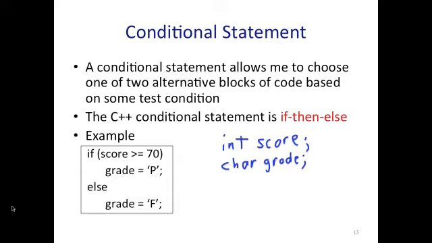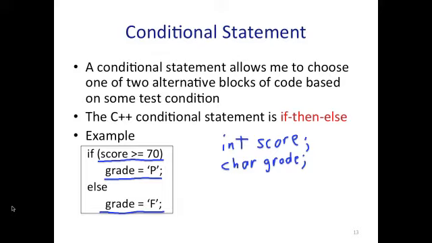So the if statement, the if right here, what happens is it evaluates the expression. If it's true, then it evaluates the statement immediately after the if. And if it's false, then it evaluates the statement after the else.